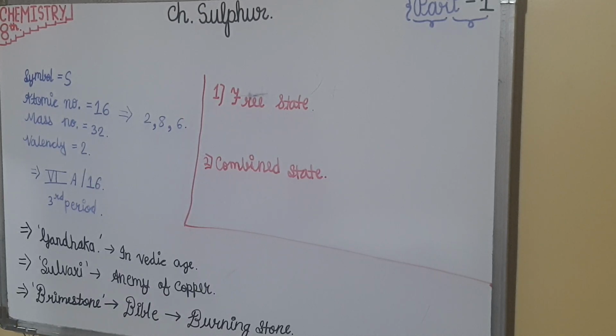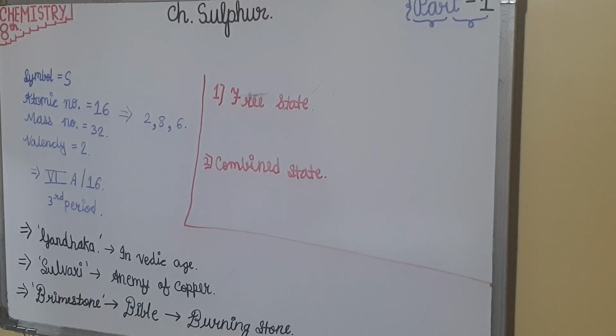Next is as sulfides. First is copper pyrite, that is copper iron sulfide, CuFeS2. Next is cinnabar, that is mercuric sulfide, HgS. Next is galena, that is lead sulfide, PbS.